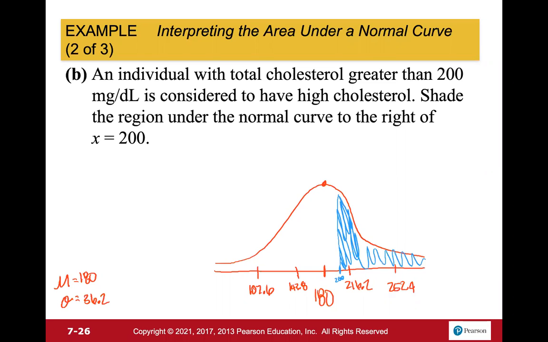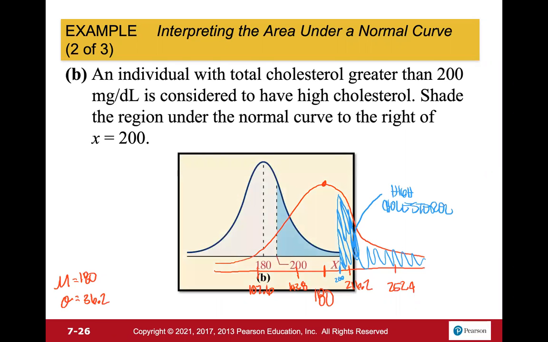And let's see what that interpretation is. An individual whose total cholesterol is greater than 200 milligrams per deciliter is considered to have high cholesterol. We would say that these people here have high cholesterol.